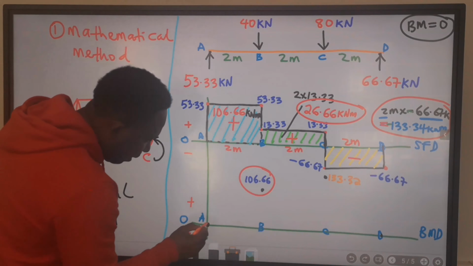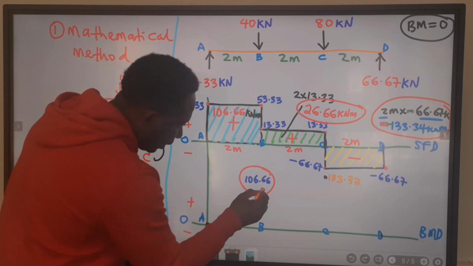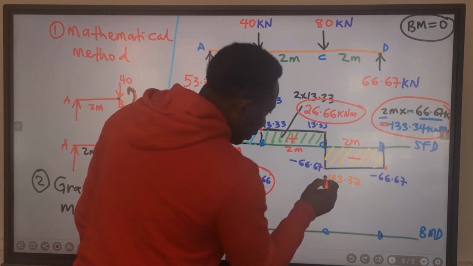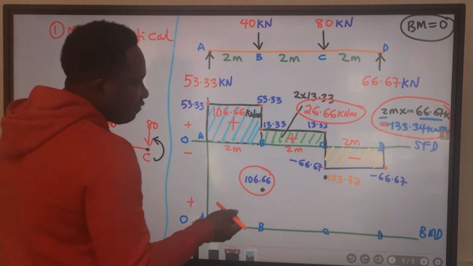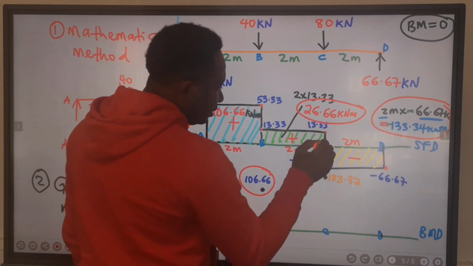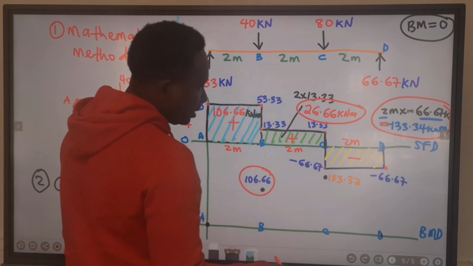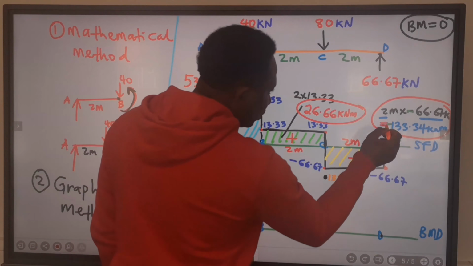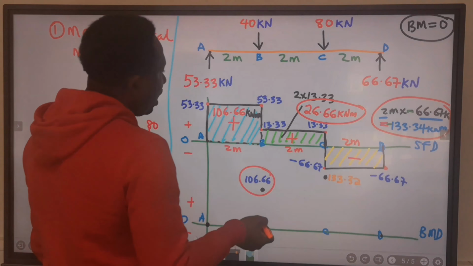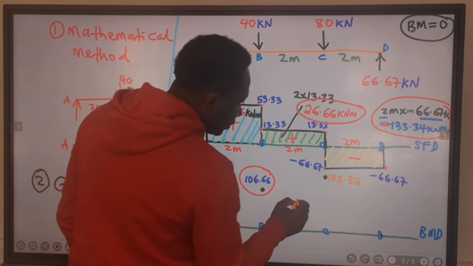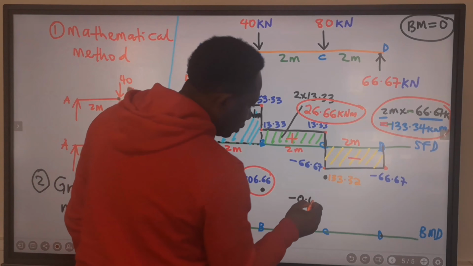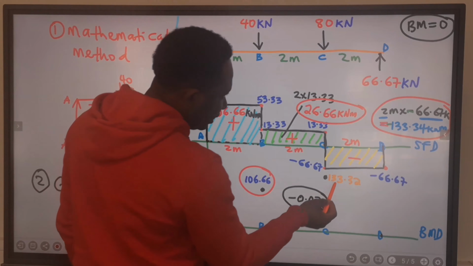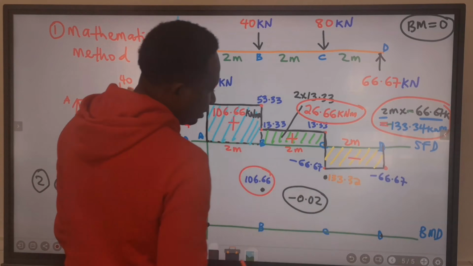Remember, this is our first value, our second value for the bending moment, and this is our third value. The fourth value will be this plus this. However, this will be minus because of this minus, and you will end up having minus 0.02 when this subtracts this.